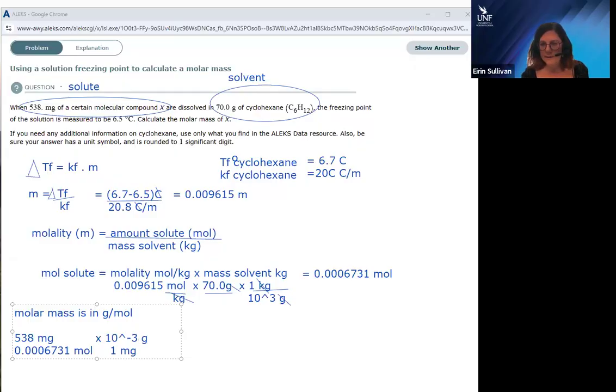So hopefully we can see from dimensional analysis that we have sorted that out, and we should get final units of grams per mole, which is the units that molar mass is in, and we get like 799.288, whatever it is, grams per mole. So we're asked to do that to 1 sig fig, so that's obviously going to round to like 800. So to 1 sig fig, that's going to be 8 times 10 to the power of 2 grams per mole. Done and done.